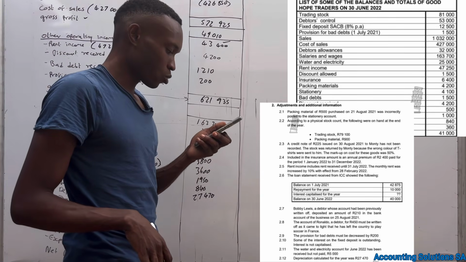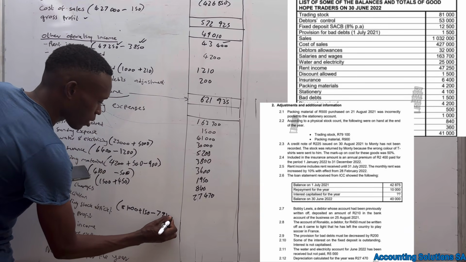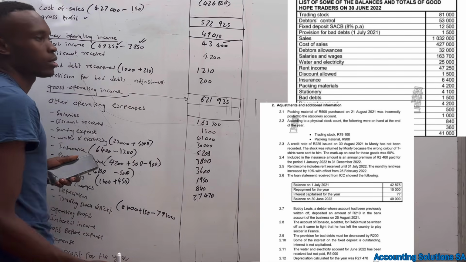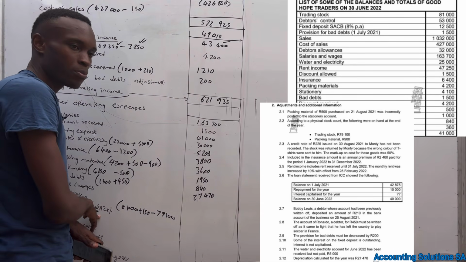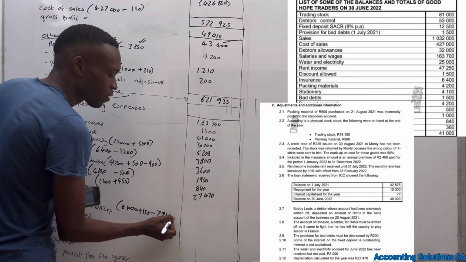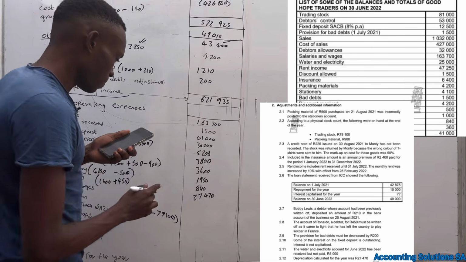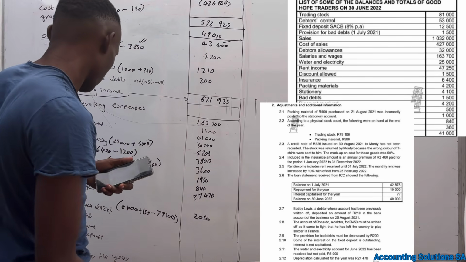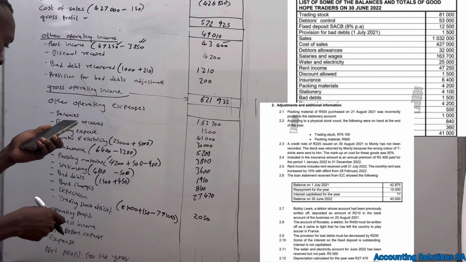Transaction number 1.2.2, trading stock of 79,100 at the end. If you compare this one with this one, obviously you can see that it has decreased. Decrease simply means that it has lost value. That's why we call it deficit. If it has increased, it would be surplus. But you will find a deficit case always. All right, then it's gonna give you an amount of 2,050.